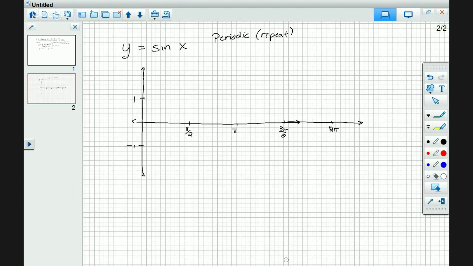Okay. You can use the unit circle to build these. What is the sine at 0, if you're on the unit circle? Our point is 0, 0, right there. Okay.